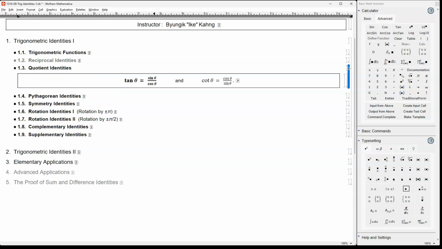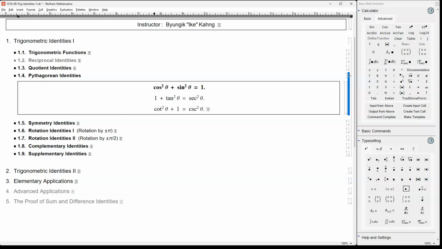Quotient identities are easy to prove, but the implication is significant, especially the first one, which I called formula number 2. And then what is formula number 1? Here they are, put together as a single entity, the formula number 1. The Pythagorean identities.